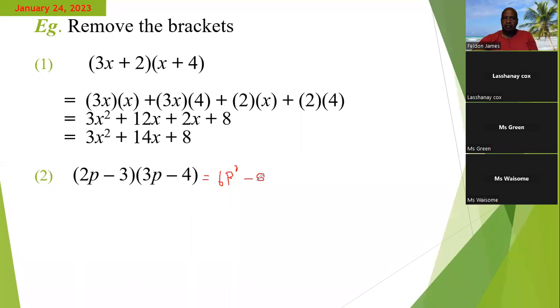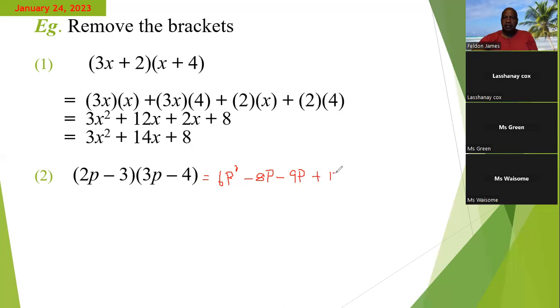And then negative 3 times 3p would have given us negative 9p. Then negative 3 times negative 4 would have given us positive 12.